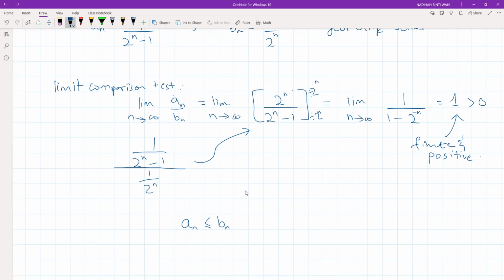So all you need to check is that the series of 1 over 2 to the power of n is actually a convergent series. Why is this a convergent geometric series? I think we did that before.